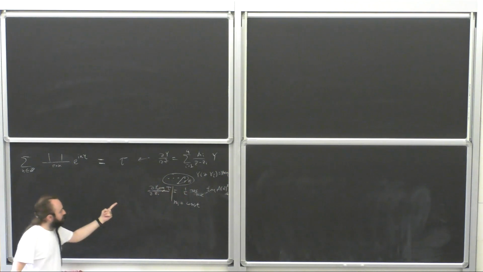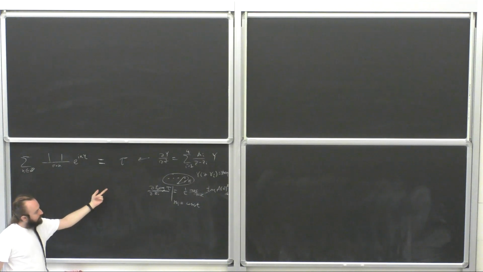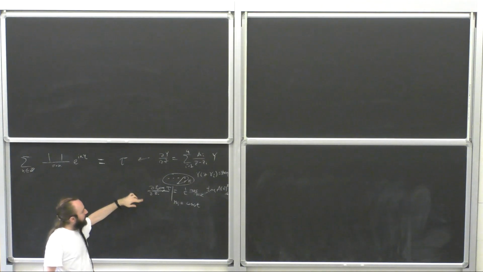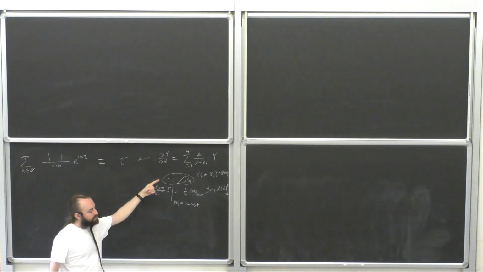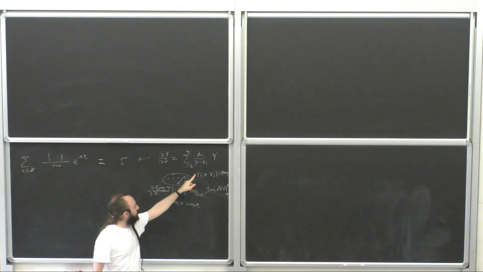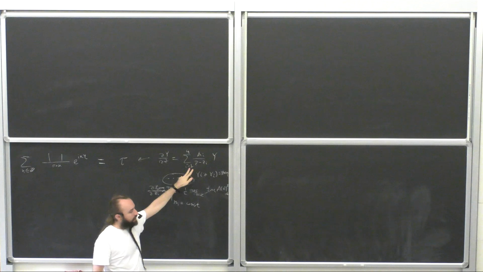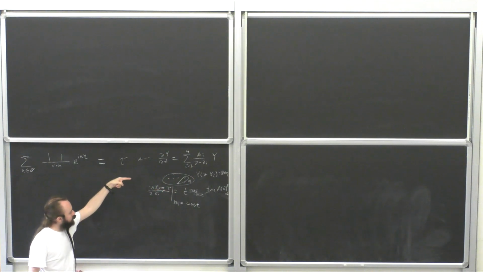So this is the definition of the tau function, and it's some computation which tells us how these derivatives in positions of singularities act on the linear system itself.